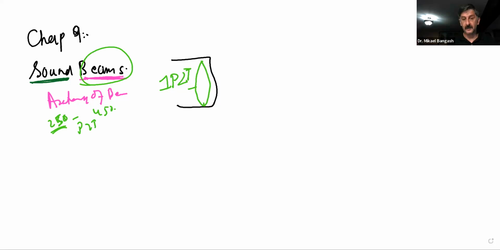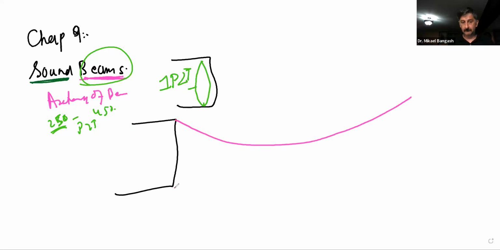So generally speaking, a beam of sound waves is going to be like this. This is what a beam will be looking like. Okay.